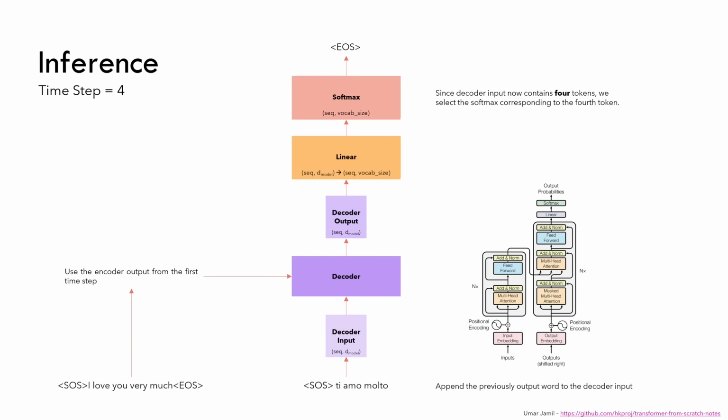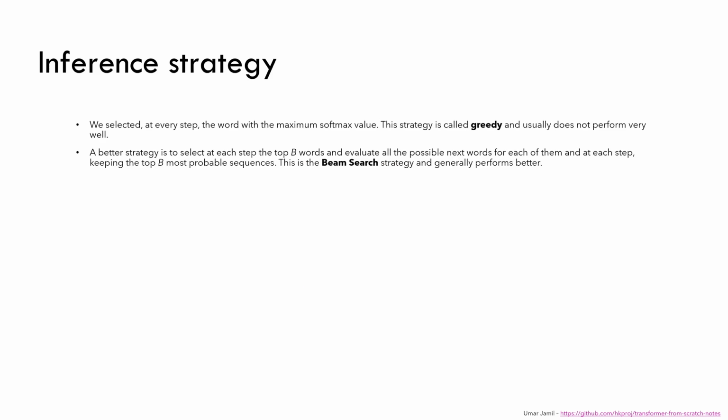Why did we need 4 time steps? When we run inference on a model, like in this case the translation model, there are many strategies for inferencing. What we used is called the greedy strategy: for every step we get the word with the maximum softmax value. This strategy usually works not badly, but there are better strategies, and one of them is called beam search.